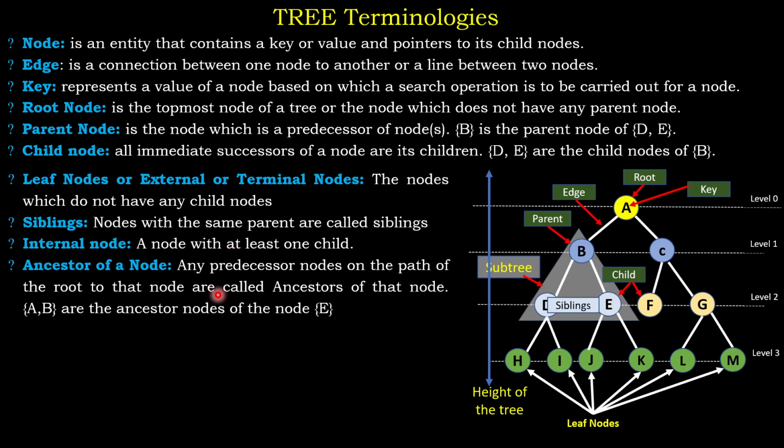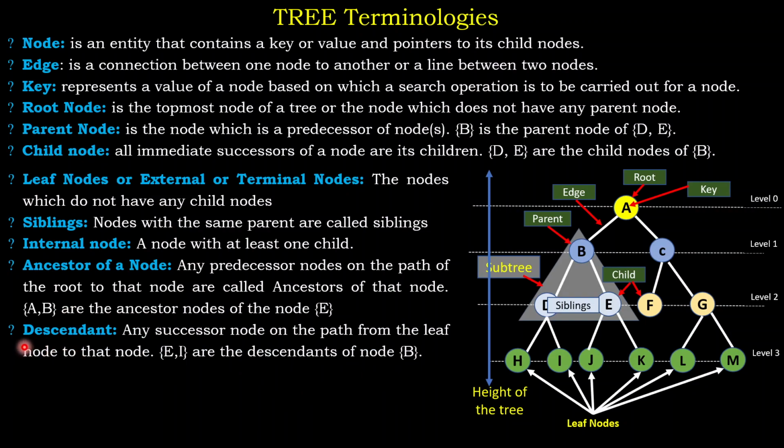An ancestor: when you talk about the ancestor of E, according to the example, ancestor means father, grandfather. These are the ancestors. So the parent of E is B, and the parent of B is A. So we can find the ancestors of E are B and A. And descendant means just the successor nodes after.